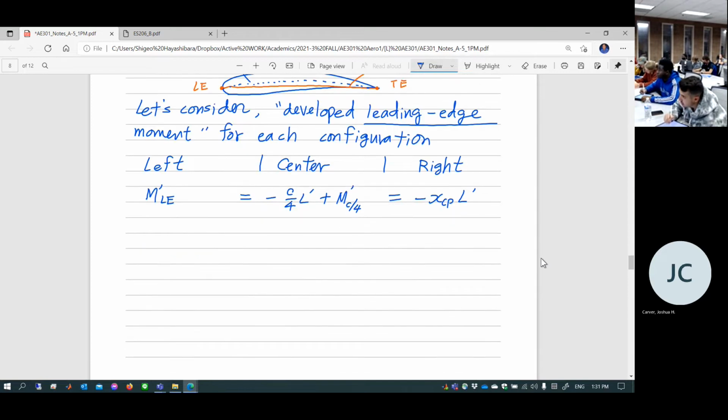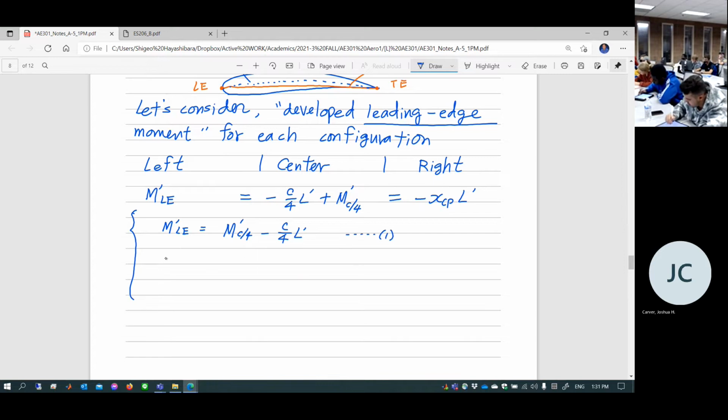So now you can squeeze out three equations, actually. This comes down to a series of three equations. First equation is M prime LE is equal to M prime quarter chord minus quarter chord times L prime. This is equation 1.